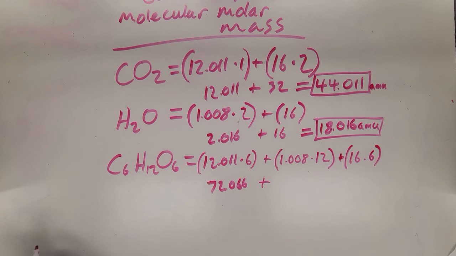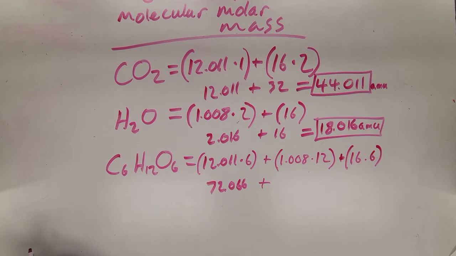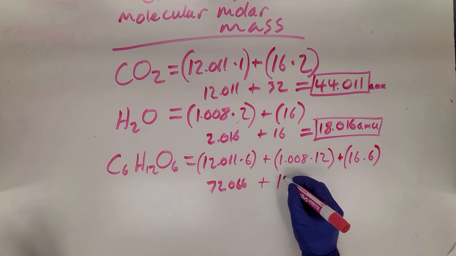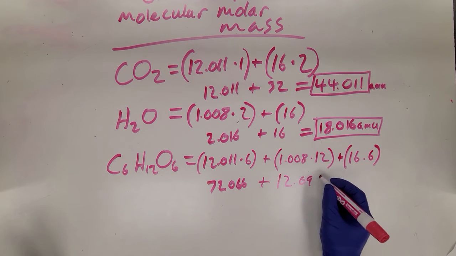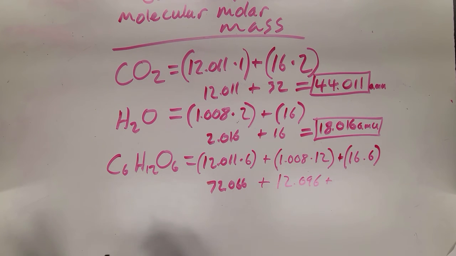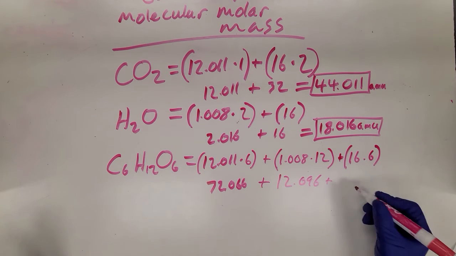Plus 1.008 times 12. And then 16 times 6 is 96.